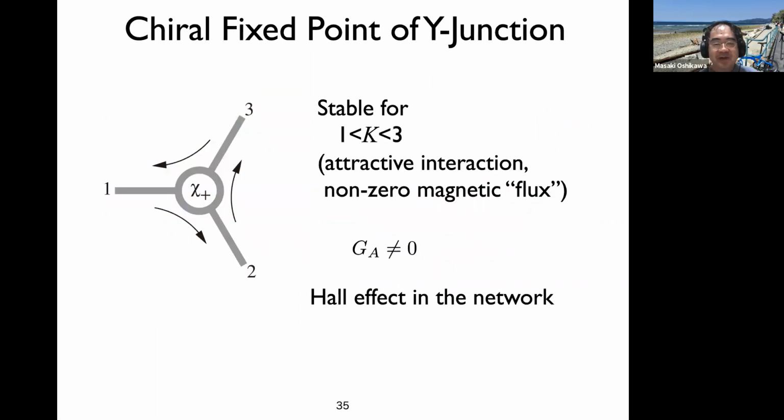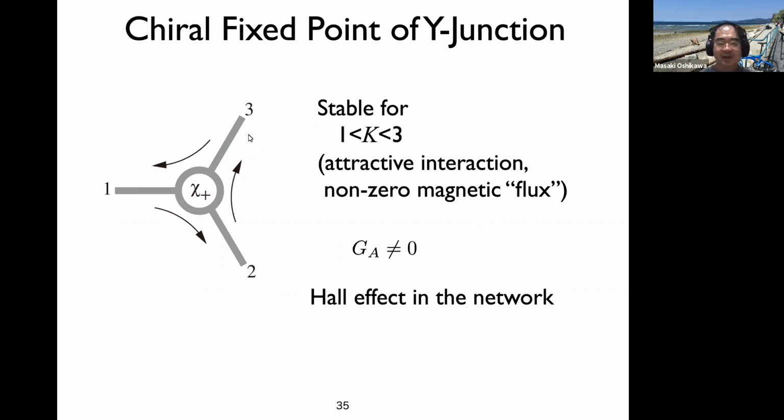The other interesting thing is that in our past work on the Y junction, we also found other fixed points. For example, we found these chiral fixed points. This is stable for attractive interaction, K between 1 and 3. In this chiral fixed point, an electron coming from, or maybe current flowing from this channel goes to this channel, so it is always deflected to the right.